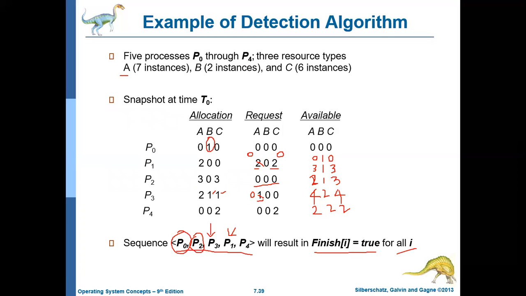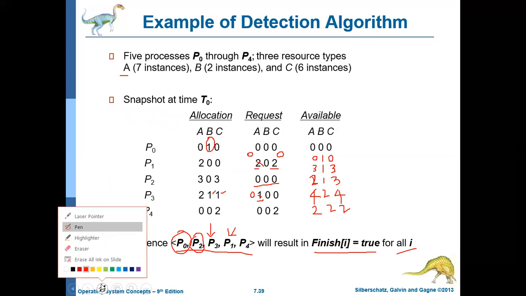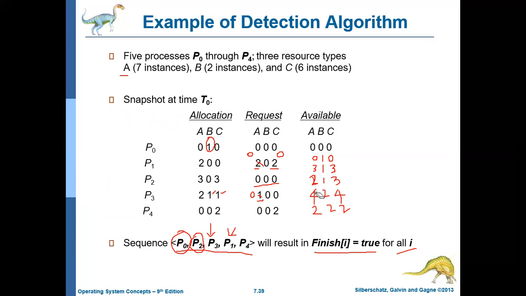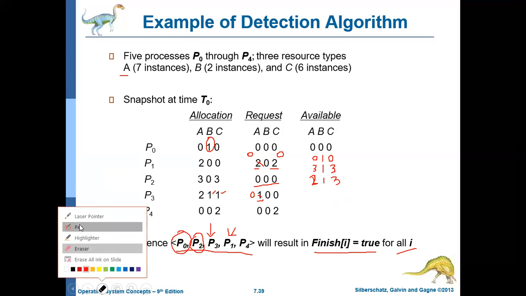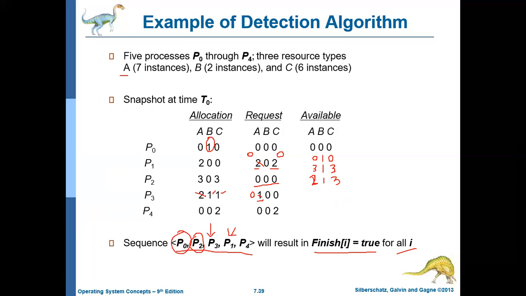See, previously in this step, I want to make one change here. Let us come back here. When P3 is requesting one more resource, you are giving that one resource. So from 3 it becomes 2, and the allocation to P3 is now 311, because one resource you have already given.